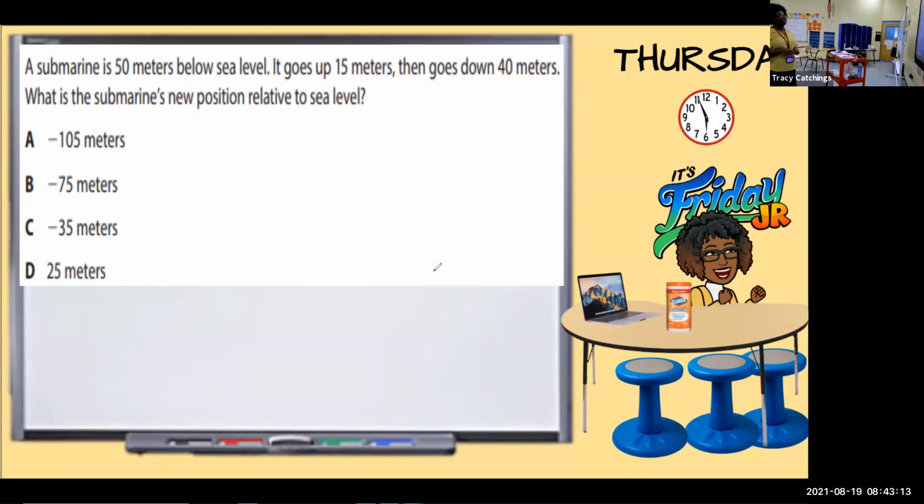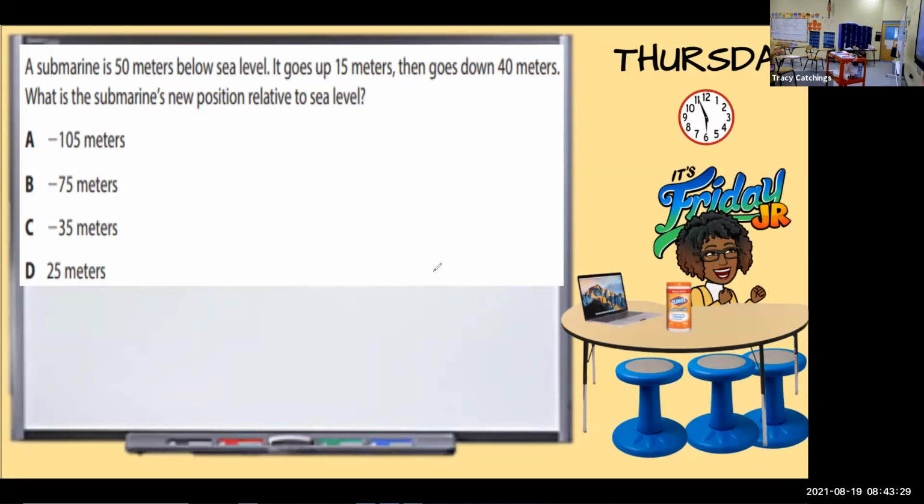All right, I'm gonna go ahead and read it. It says the submarine is 50 meters below sea level. It goes up 15 meters, then goes down 40. What is the submarine's new position relative to sea level?